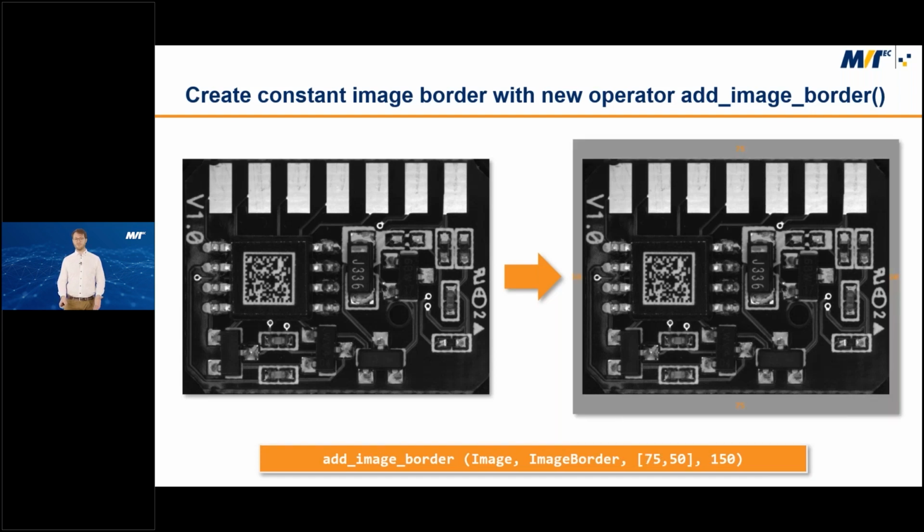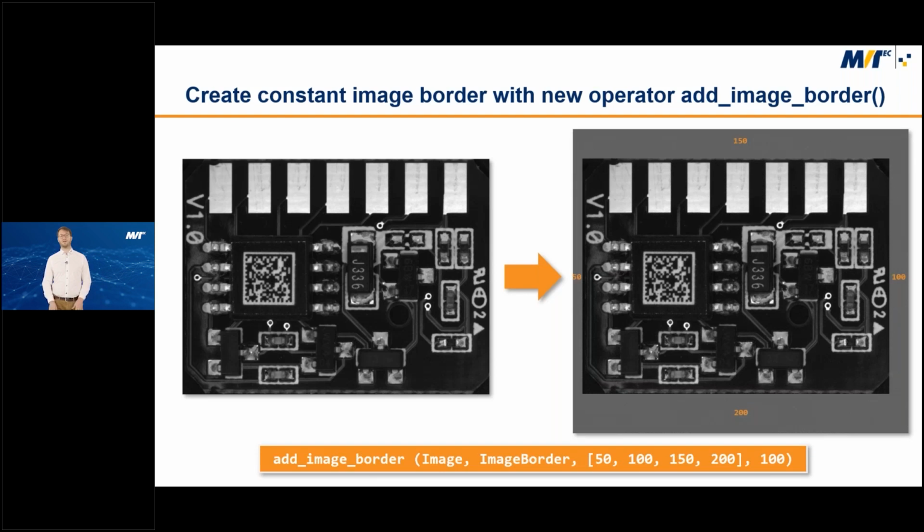You can also use a tuple of two values, then up/down and left/right are expanded differently. And you can use 4 different sides, so you get left, right, up, down, different enlargement of the image. This can of course be useful for bar and data codes, for example, if you have a disturbed quiet zone and you need to enlarge the image in such a way.